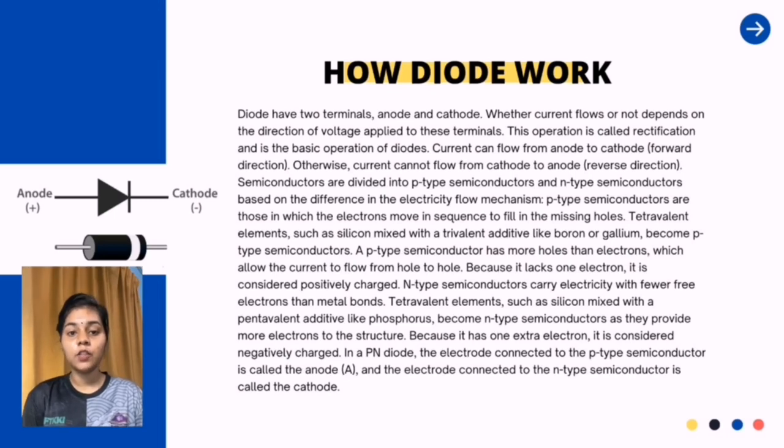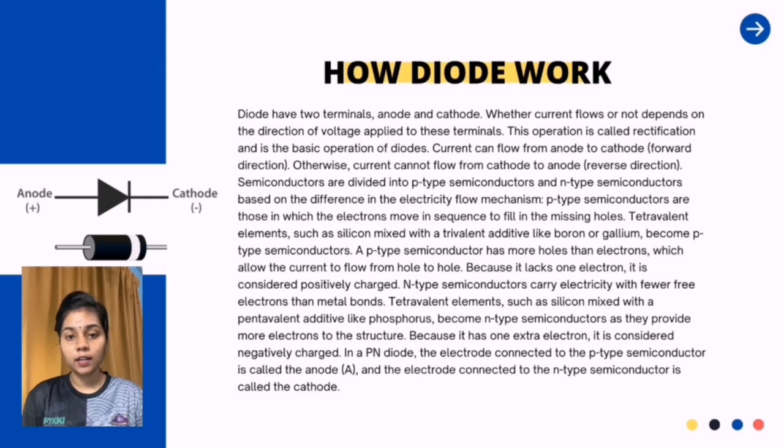Elements such as silicon mixed with an additive like boron or gallium become P-type semiconductors. A P-type semiconductor has more holes than electrons, which allows the current to flow from hole to hole. Because it lacks electrons, it is considered positively charged.